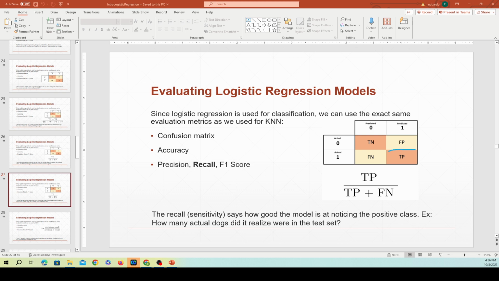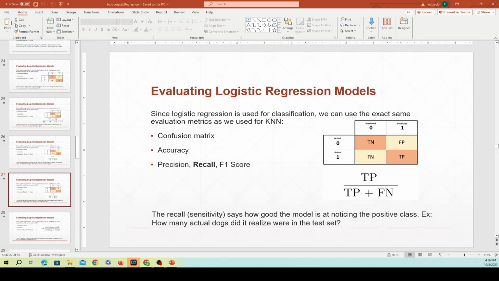The recall will be the probability of getting the right choice from the actual solution. So it's finding the probability of getting the right answer from the actual solution.